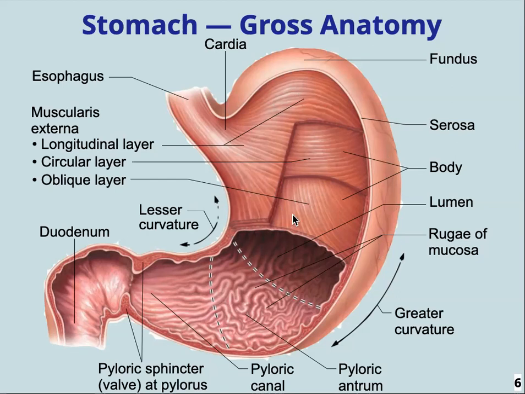Okay, in addition to a longitudinal layer and a circular layer, we also have an oblique layer. So these muscles, with their fibers oriented in different directions, allow the stomach to churn with more force and in more directions, allowing for a stronger power for mechanical breakdown of the food, and mixing that with acid, and that becomes our chyme.